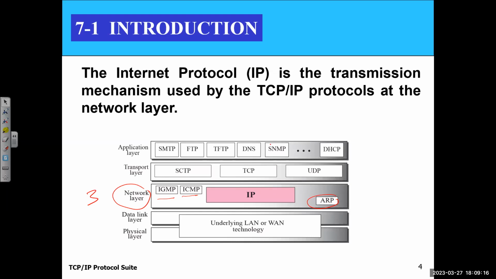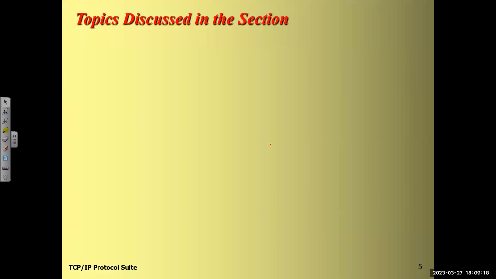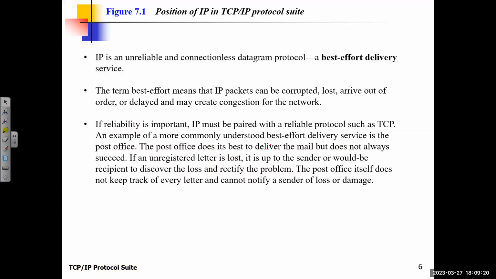So what we say about the IP protocol, IPv4, is that the IP itself is not reliable. Why? Because there is no flow control, there is no error control, and maybe you will lose packets, maybe you will have a corrupted packet.